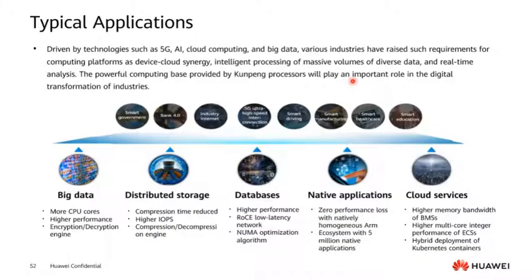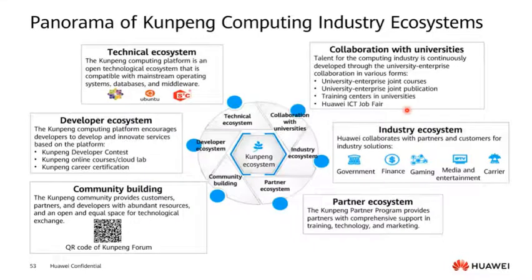As for the application scenarios of the Kunpeng ecosystem, thanks to the support from the new technologies of big data, distributed storage, new databases, native applications, and cloud services, typically it can be used to support smart government, Bank 4.0, industry internet, 5G, ultra-high-speed interconnection, smart driving, smart manufacturing, smart healthcare, and smart education, etc. We say the Kunpeng industry is a big ecosystem, and it involves several sub-ecosystems for all the participants in this ecosystem.